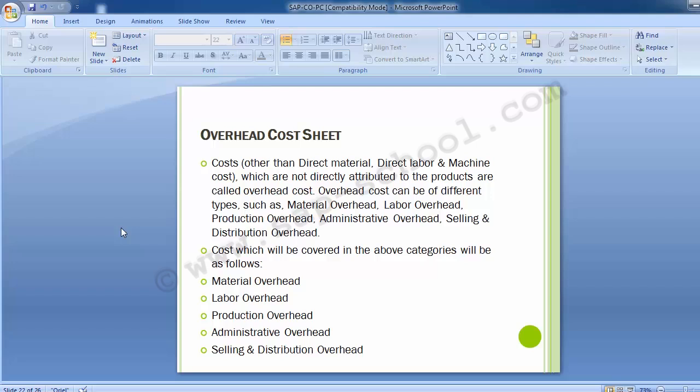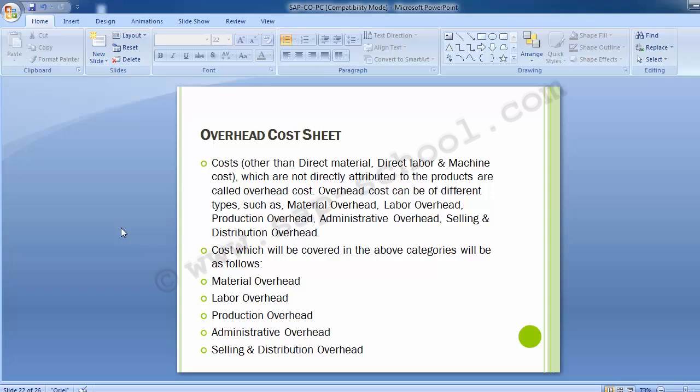That is material overhead. In material overhead, the cost of all the indirect material which will not be captured through the BOM will be taken up in the material overhead part. Whereas in the labor overhead, the cost of all the indirect labor which will not be covered from the routing will be taken in the labor overhead part.